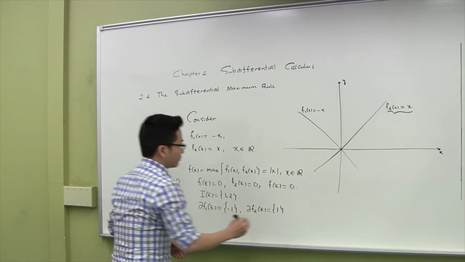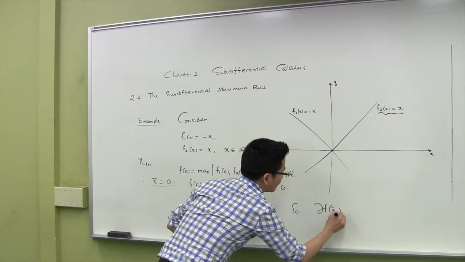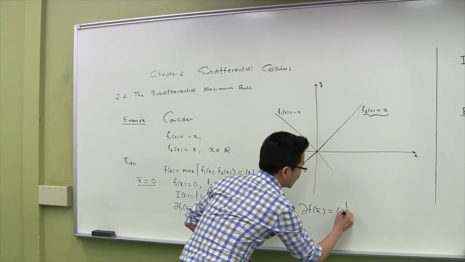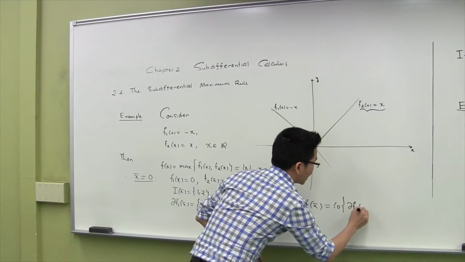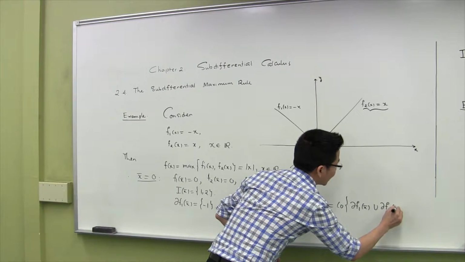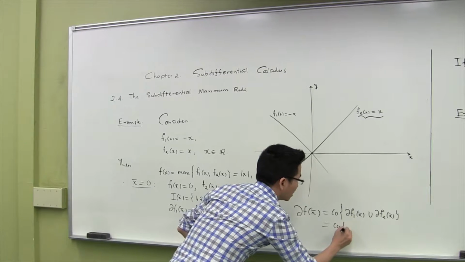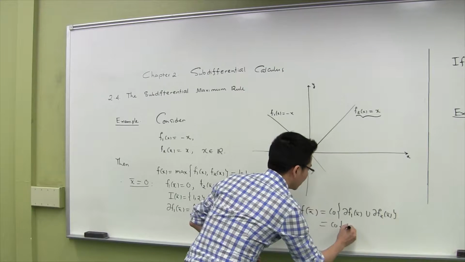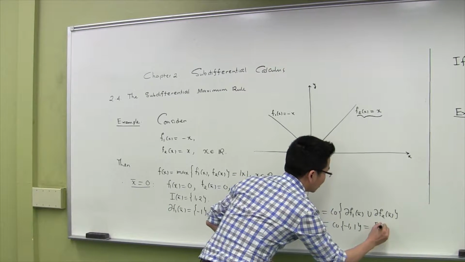Then the subdifferential of the function f at x bar is equal to the convex hull of the union of the subdifferential of the first function at x bar and the subdifferential of the second function at x bar. So this is just the convex hull of the set consisting of minus 1 and 1 in R. So it is just the closed interval [-1, 1].